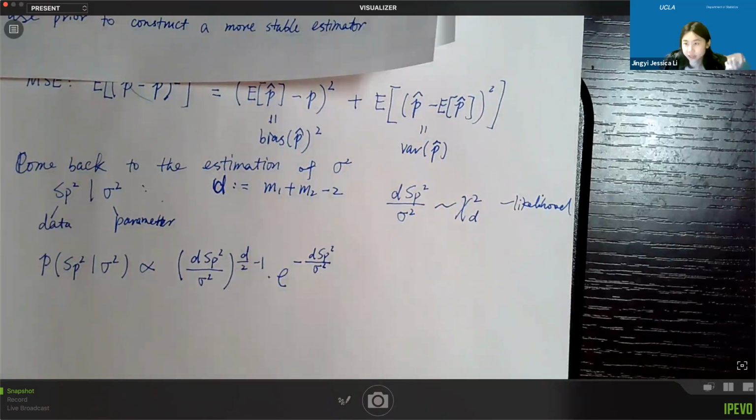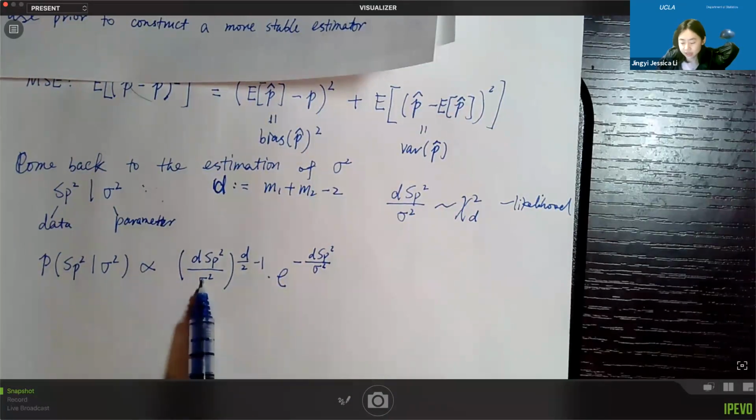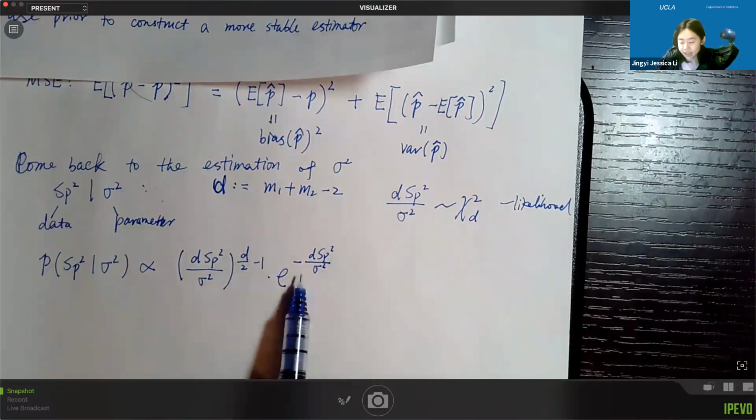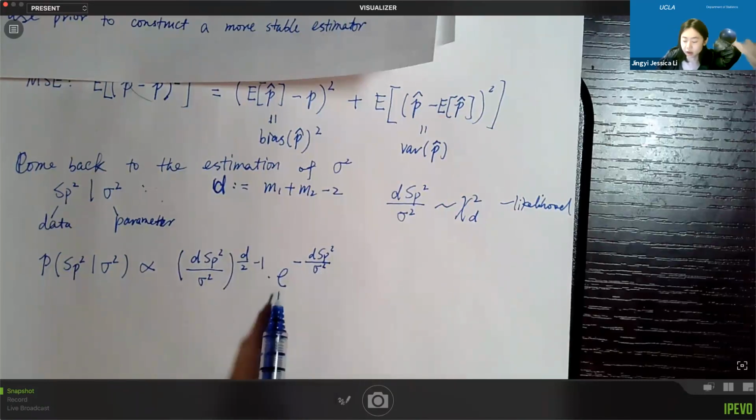Then we need to find a prior distribution. It will be a distribution for sigma squared, and we need it to have a similar form. That is, sigma squared to some power and sigma squared in the denominator of an exponential term. Okay, and luckily, we have a distribution for that. It's called the inverse gamma distribution.